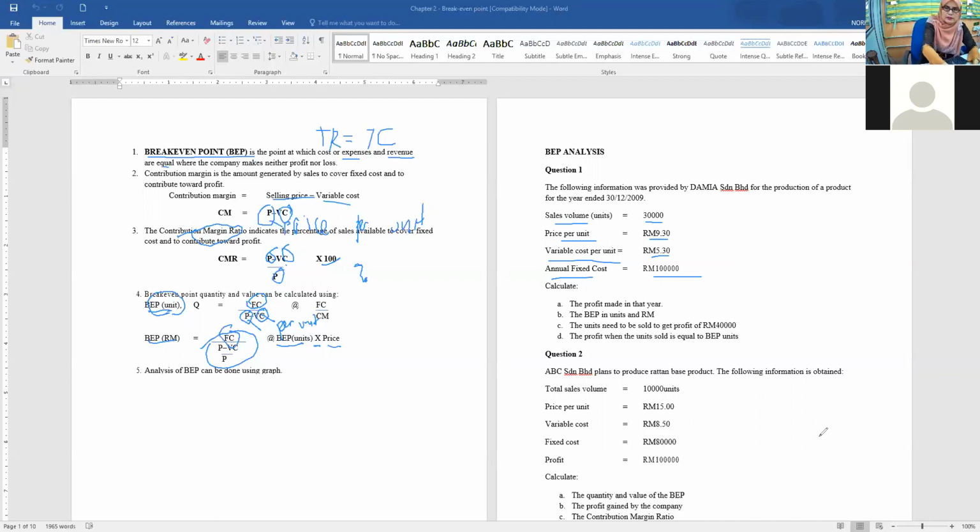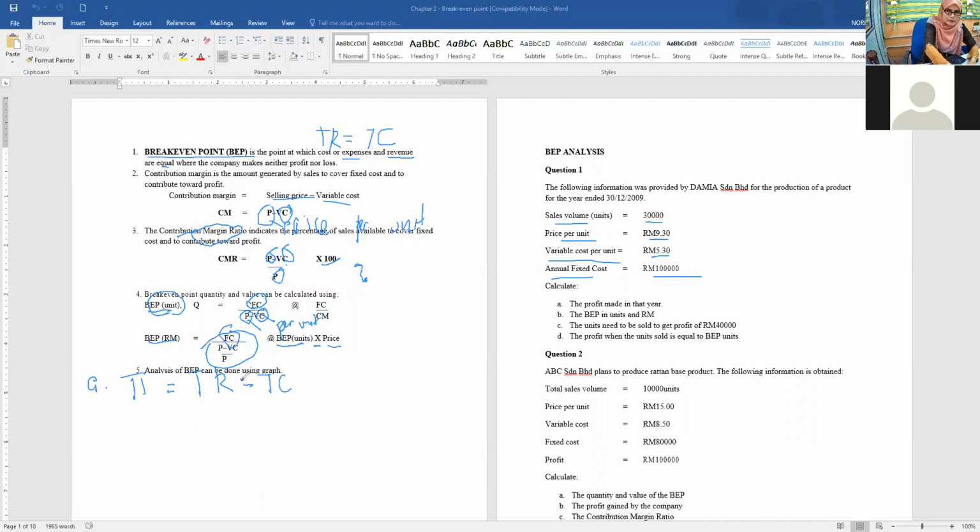So the formula: profit equal to total revenue minus total cost.